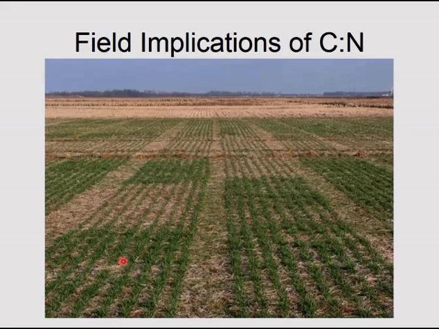What's going on in these other plots is that the carbon to nitrogen ratio of wheat tends to be fairly high, and if there's not a lot of nitrogen in the soil, the microbes are going to steal it. You can see that they've stolen it here. The plants aren't taking it up and aren't growing as well as the plants where they've added nitrogen as fertilizer. This is a fantastic demonstration of the implications of not balancing your carbon to nitrogen ratio correctly.